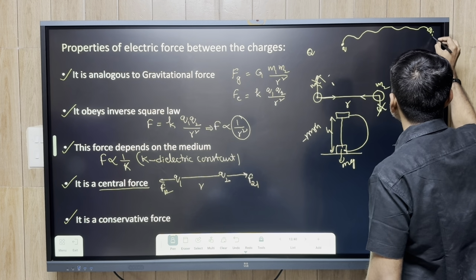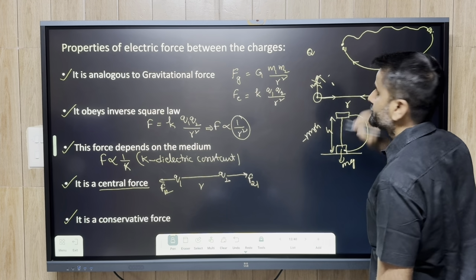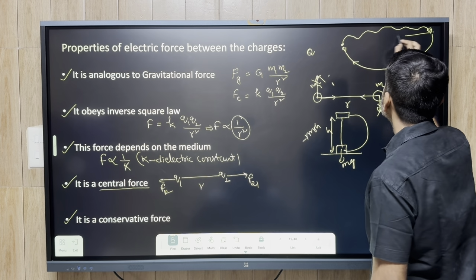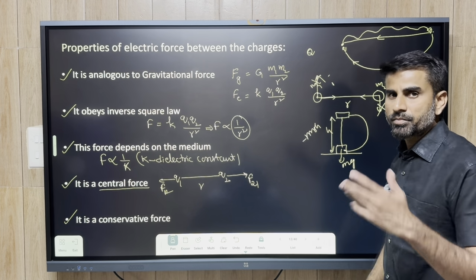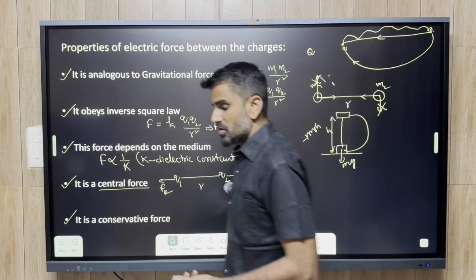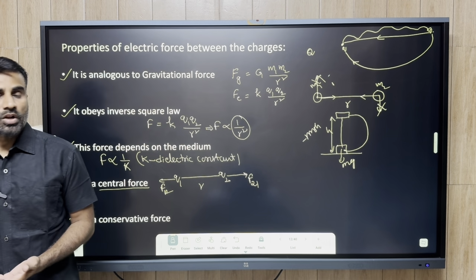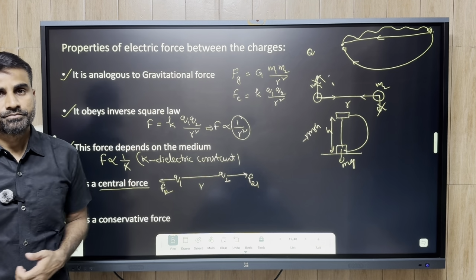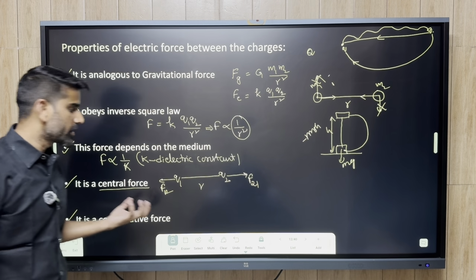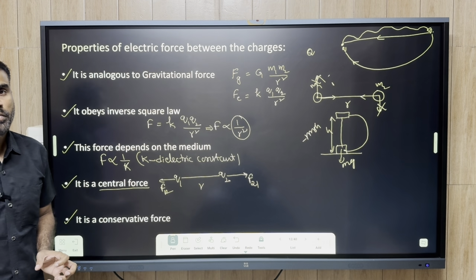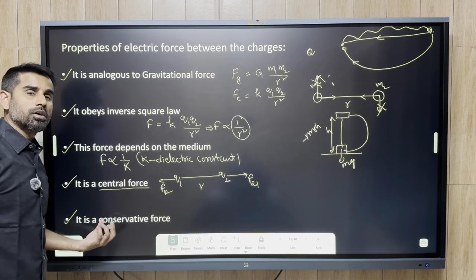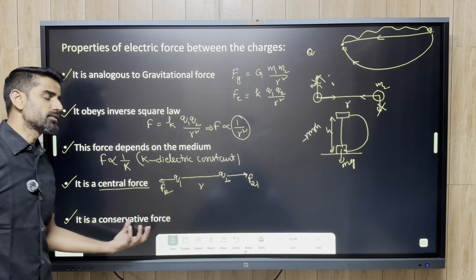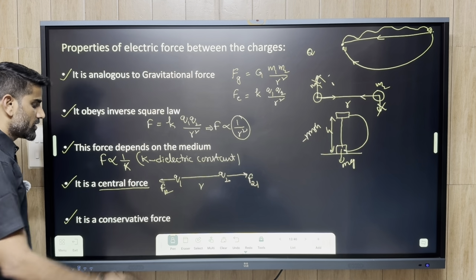Now I took the same charge along another path, and I took the same charge along a straight path. It doesn't matter what path we have taken to reach this point. Whatever the work done by the electric force is independent of the path followed. That is why we call this force a conservative force, right?